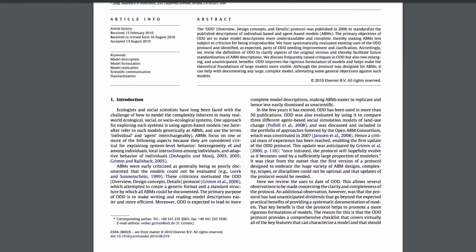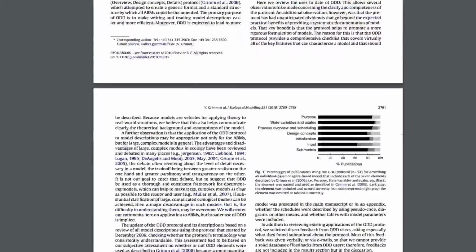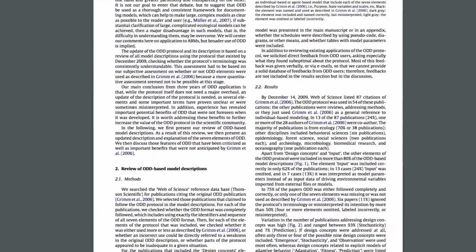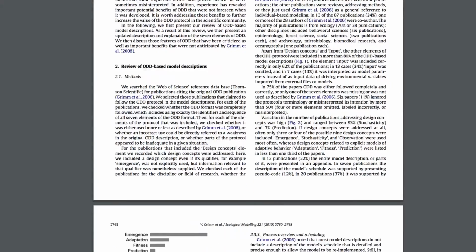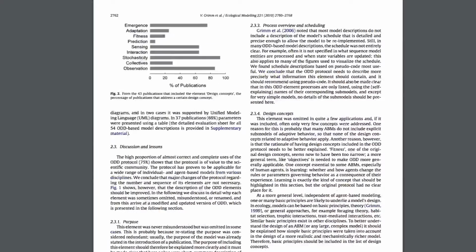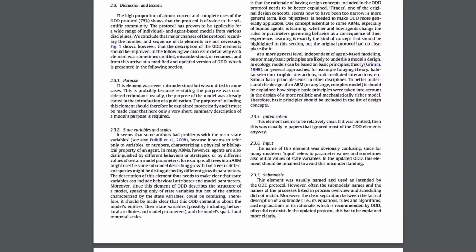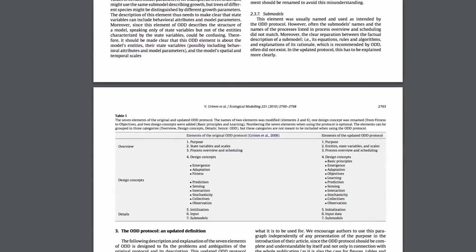So the ODD protocol stands for Overview, Design Concepts, and Details, and I'd say it's probably one of the most comprehensive and best written design documents. Now, there is some discussion about how to best use the ODD protocol. First of all, though it's meant for describing an agent-based model in a publication format, it's not clear that it should actually, for instance, be in the main text of a journal article.